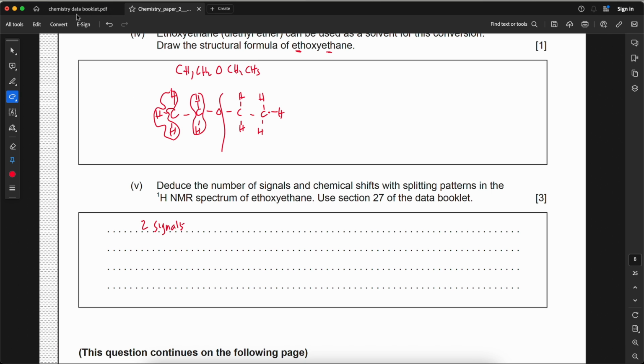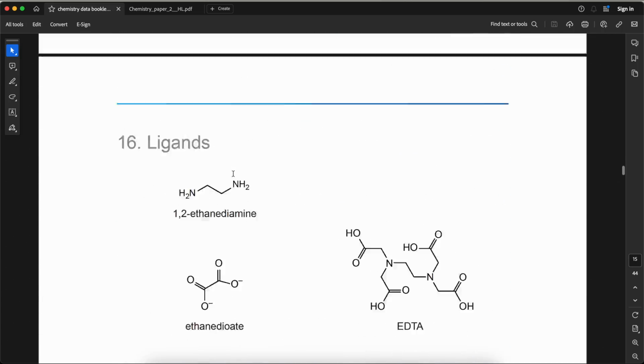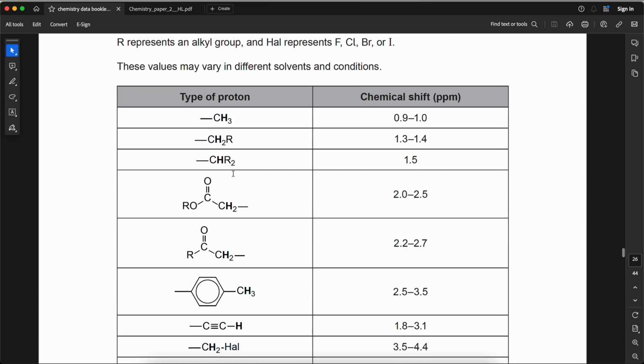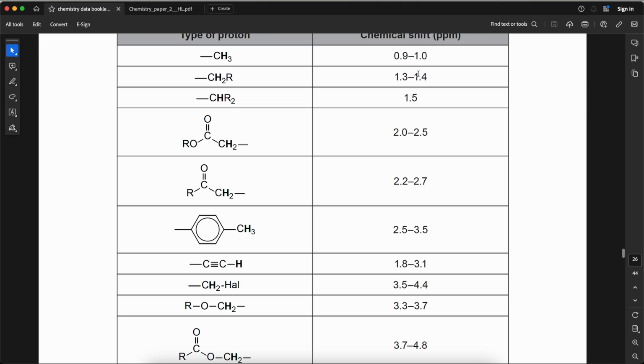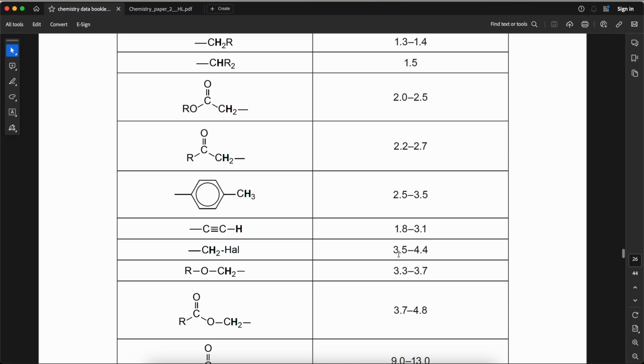If we refer to the data booklet section 27, CH3 would be 0.9 to 1, and for CH2 that would be 3.3 to 3.7 because it is R-O-CH2. In ethoxyethane there is CH2 right here with O. That's why it's 3.3 to 3.7.